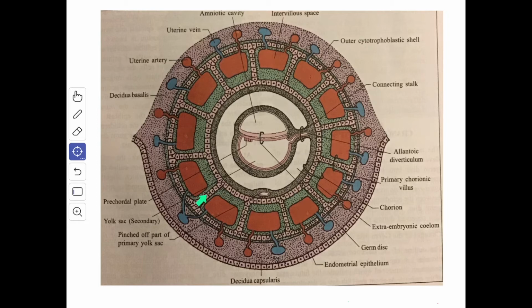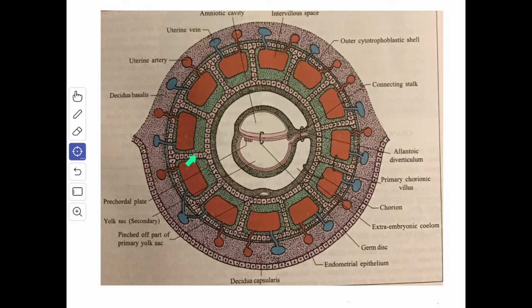So this is one villus and this is the other villus, and in between you have the intervillous space. The trabeculae is now converted into the primary stem villi, and the lacunae are now called the intervillous space.